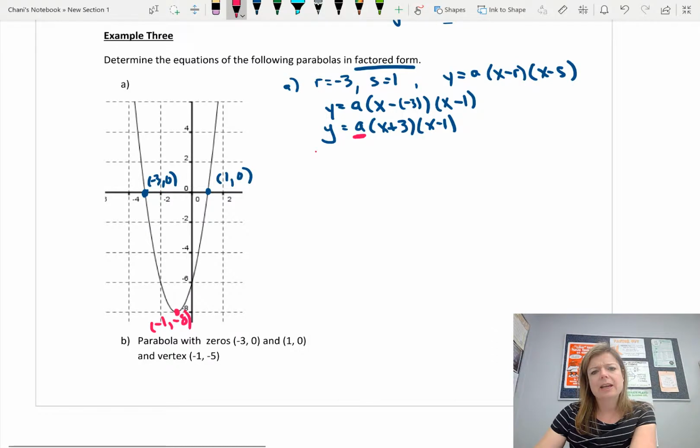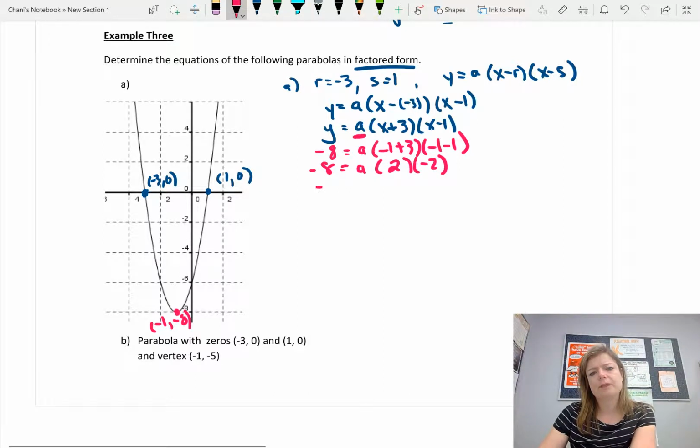So I'm going to put -8 here for y equals a, -1 plus 3, -1 minus 1. So -8 equals a, 2 times -2. So -8 equals a, do this multiplication, -4, divide both sides by -4. And so you get that a is +2.